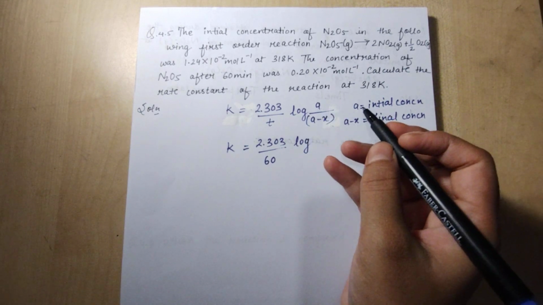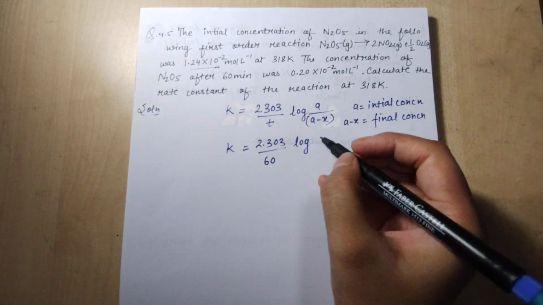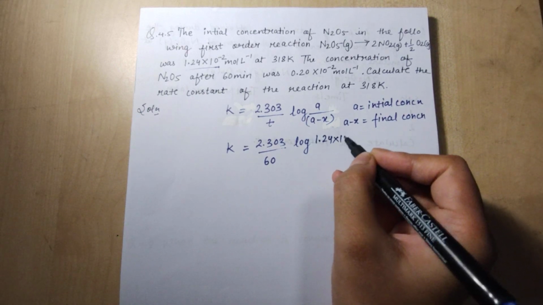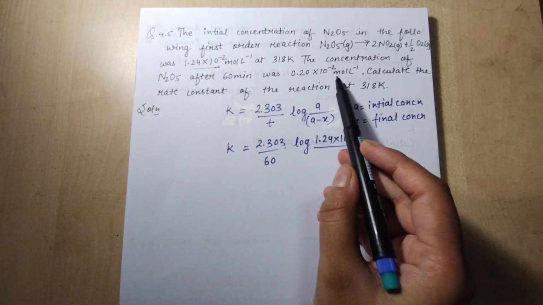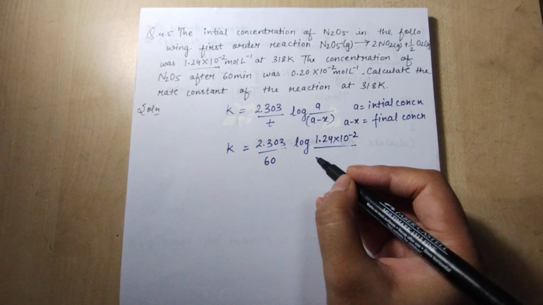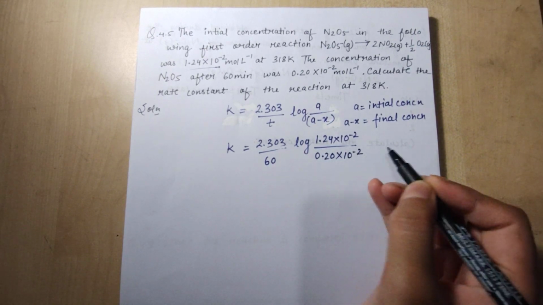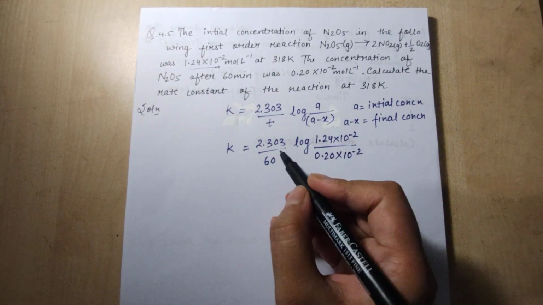initial concentration 1.24 into 10 to the power minus 2 and final concentration 0.20 into 10 to the power minus 2. Here all the values are put.